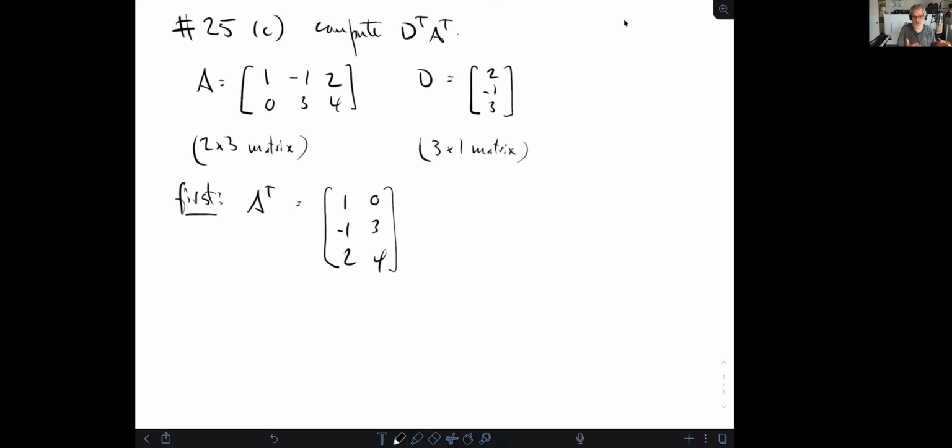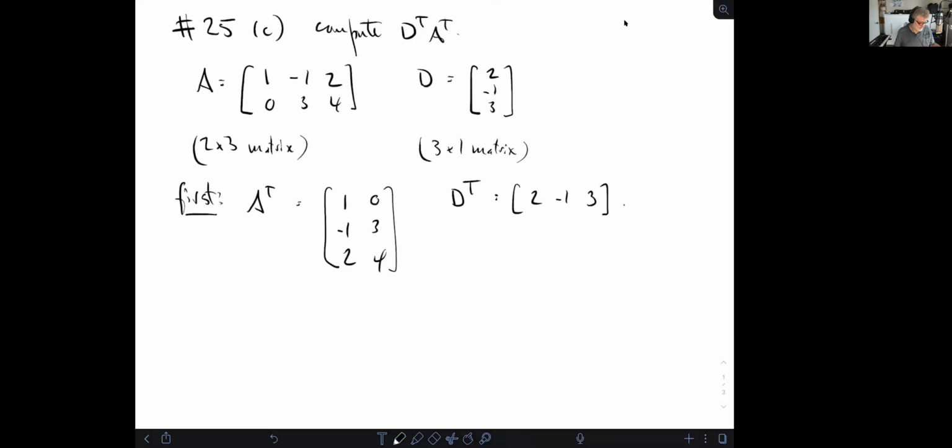Once you know what it means, it's a no-brainer, right? That's all there is to it. The transpose of D, D is a 3x1 matrix, so the transpose will be a 1x3 matrix, and so this is 2 minus 1, 3. So these are the two transposes. And then I'm asked to compute D transpose times A transpose.